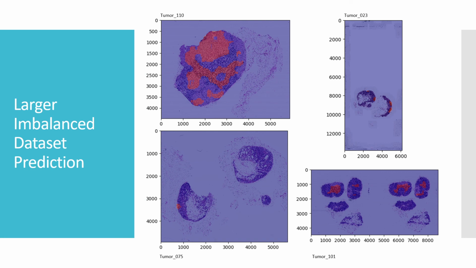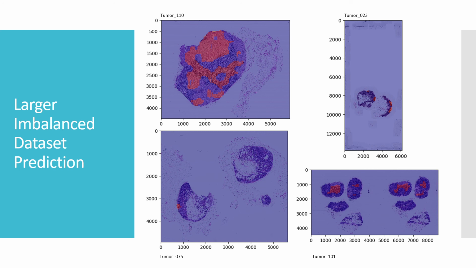And then finally, on the larger imbalance, which I had high hopes for since the imbalanced data set between the same images as the balanced performed better, but that's not what we see here. It's very weird looking on 110, very sparse on 101. Honestly, the only one it does better on is 023.